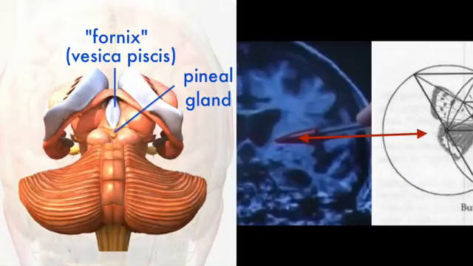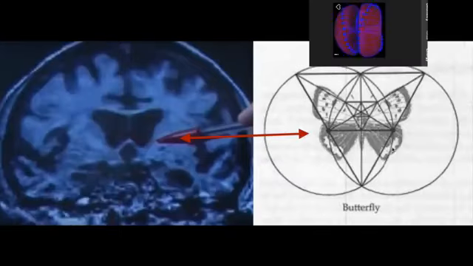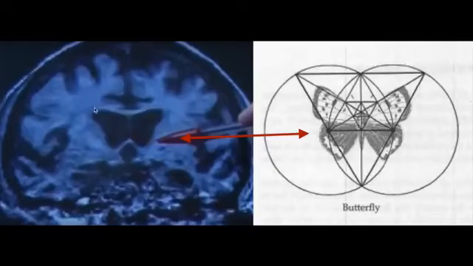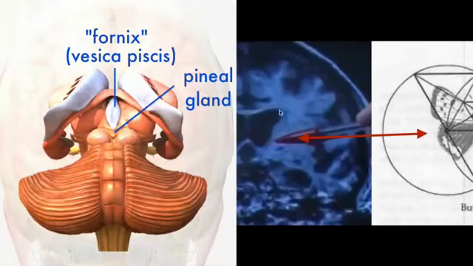And I'll show that geometry here in a second. But what we can see is the Vesica Pisces here related to the geometry of a butterfly. So again, the Vesica Pisces relating to the innermost chamber here, the first, second, and third ventricles of the optic thalamus.